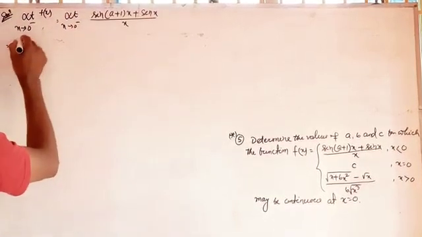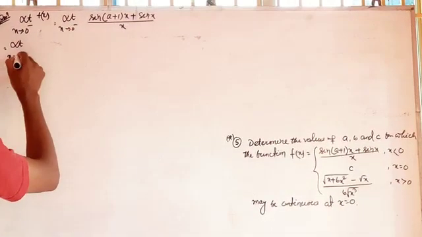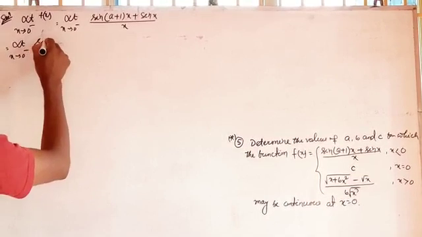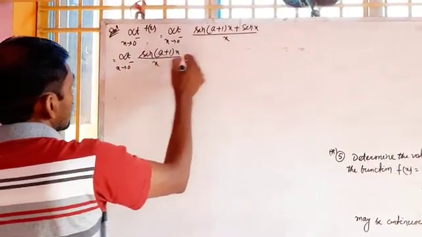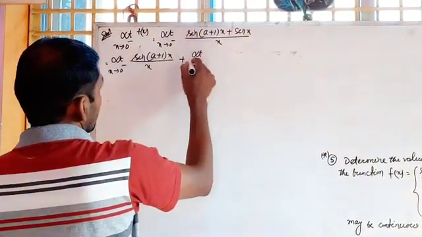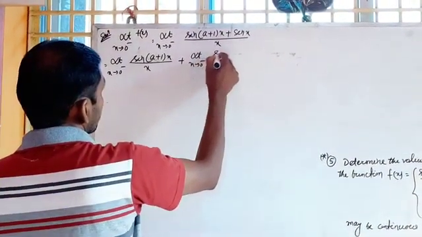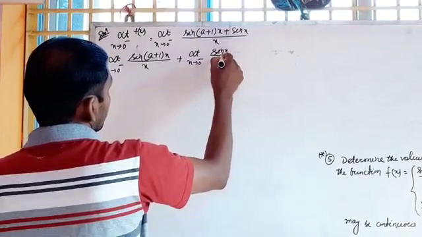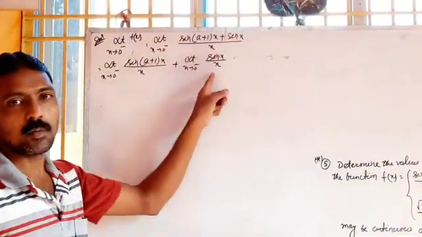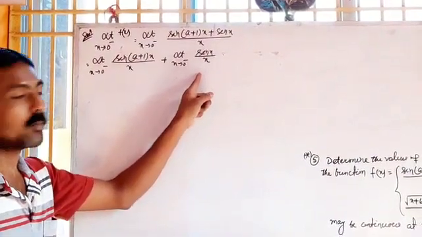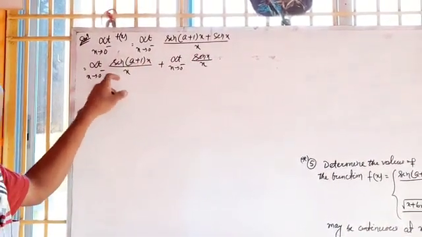So we will separate: limit x tends to 0 minus sin (a plus 1) x by x, plus limit x tends to 0 minus sin x by x. Now for the second one there is no problem because it is already in the form, but here sin (a plus 1) x, here x.